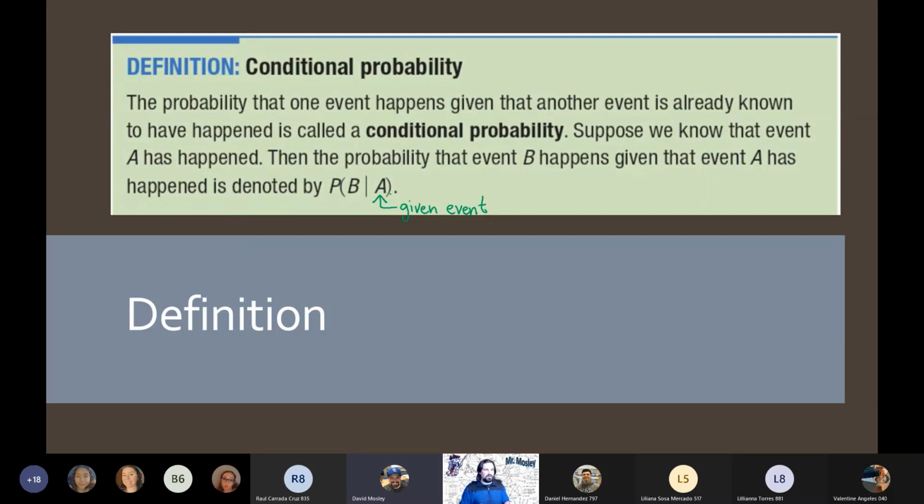The probability of B given A is not always equal to the probability of A given B. They can be equal at times, but they're typically not. So the order in which you list those variables matters. And we just saw this in the example, right? The probability of B given A was not the same as the probability of A given B.